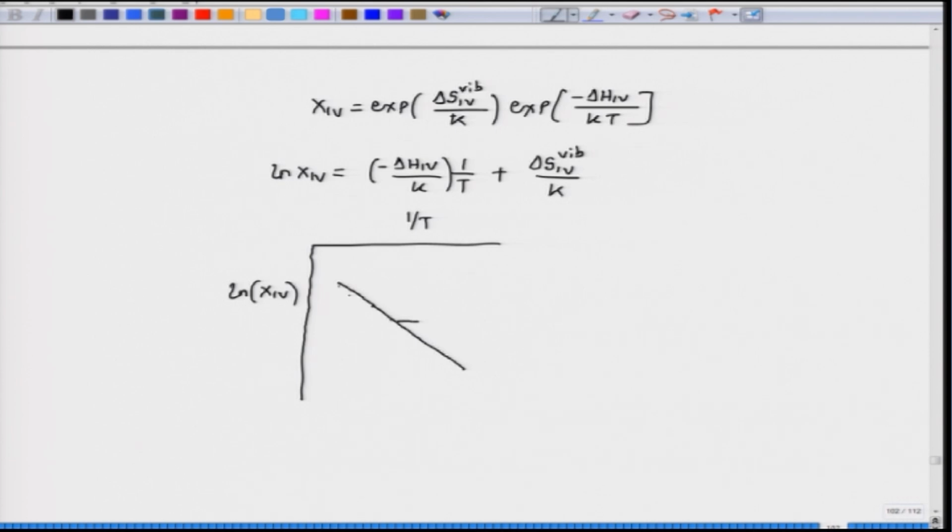The slope of it will yield the value of delta H1V. So, the slope would be equal to minus delta H1V by k, and the intercept will give the value of delta S1V vibrational.